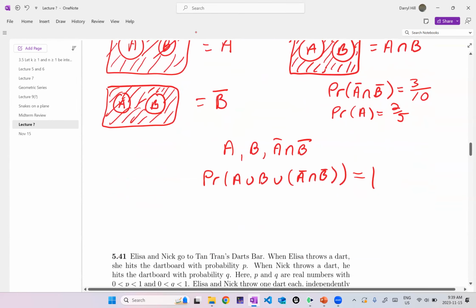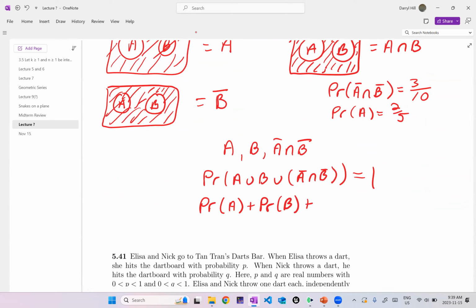And since they are disjoint, I can write this as probability of A plus the probability of B plus the probability of A naught intersect B naught is equal to 1. And now I have 3 terms and I know 2 of them. So I have probability of B is equal to, well, I'm going to subtract the probability of A and the probability of A naught, B naught from both sides.